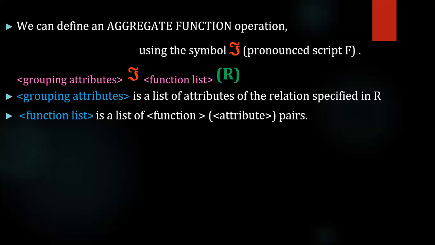At the same time you can count the number of employees in the department, the sum of salary of the department, and the average salary of the employees in the particular department. We can make a list of any number of aggregate functions, along with the attribute used for grouping.